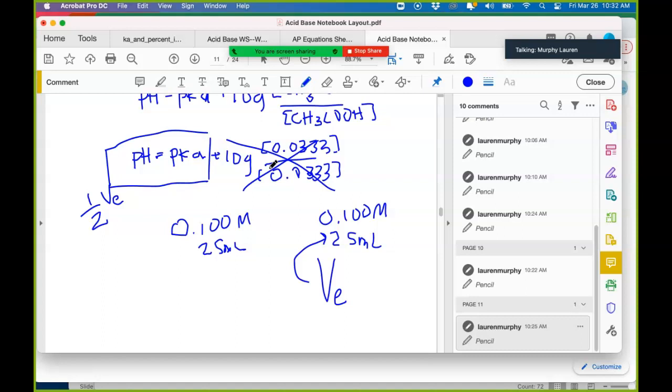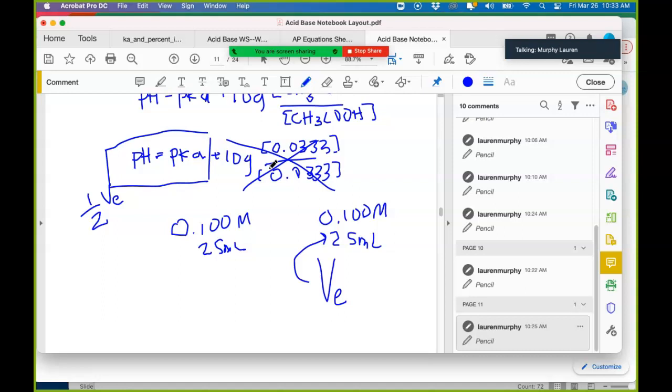And the reason is that at the half equivalence volume, you have exact amounts of the weak and the conjugate, which always makes it the log of 1, and it'll go to 0 every time. The math will work out that way, regardless of who your substances are, as long as one is weak and one is strong. So the reason I did this point specifically was because it's the special point of a titration where pH equals pKa, and that will always happen when you're halfway to the equivalence point by volume.